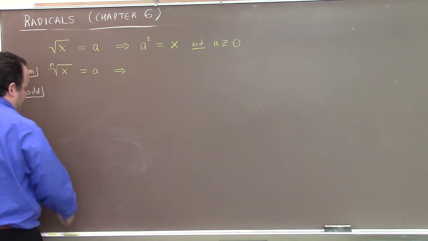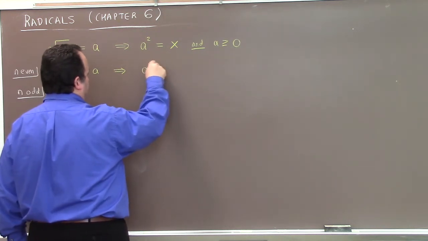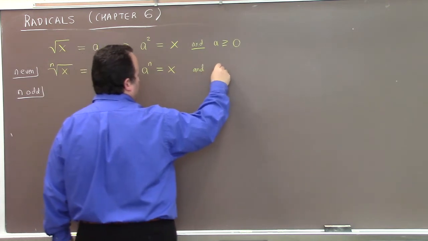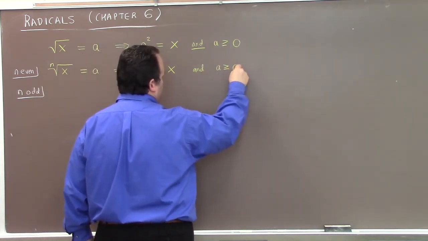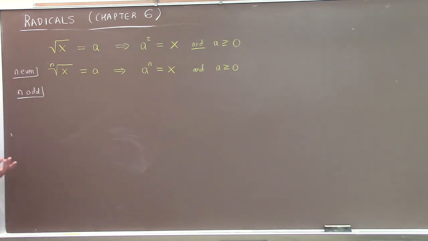For even n, this means that a to the power n is equal to x, and a is greater than or equal to 0. So even roots are assumed to be non-negative.